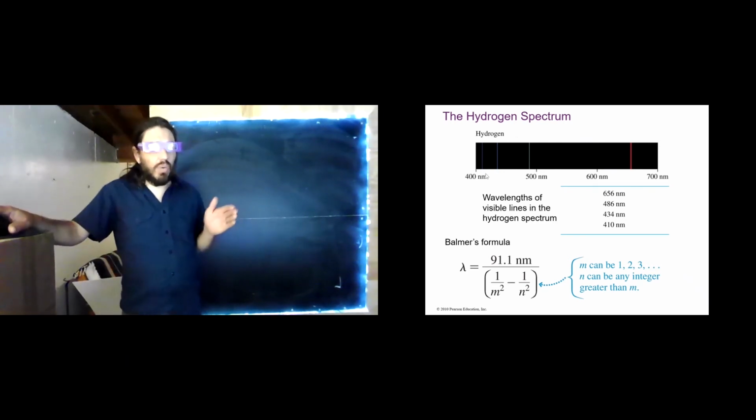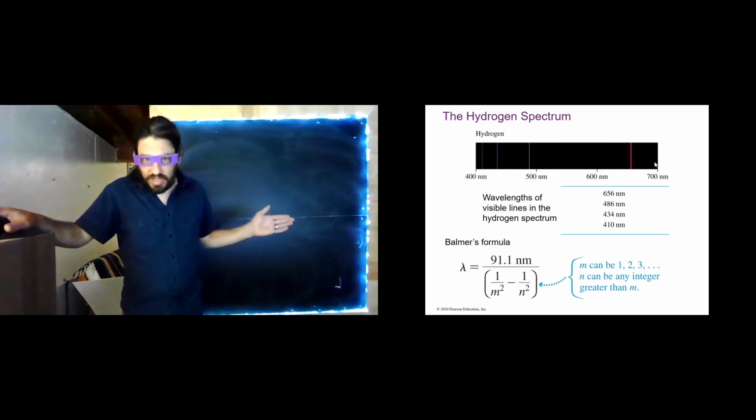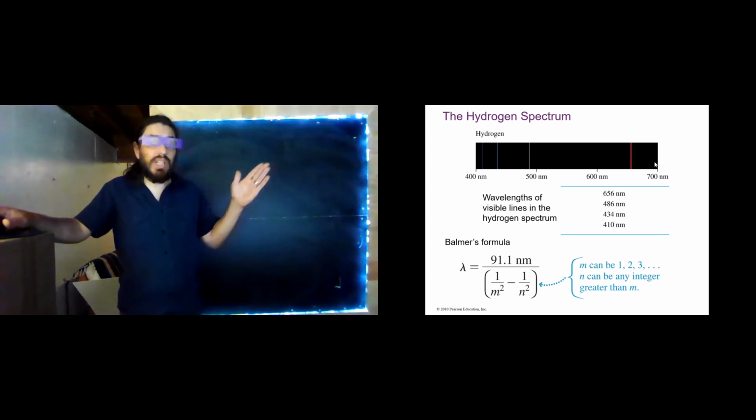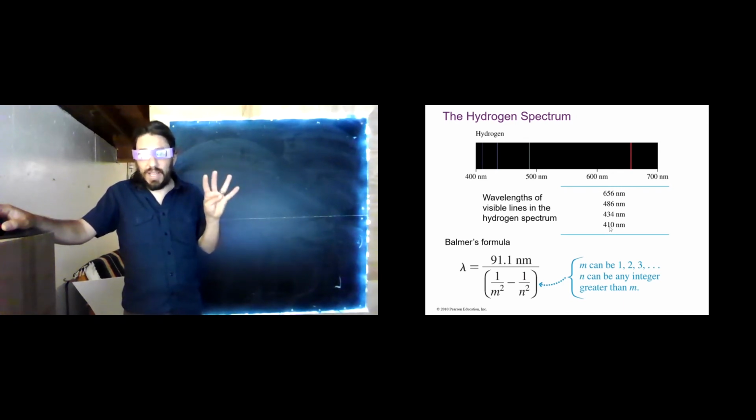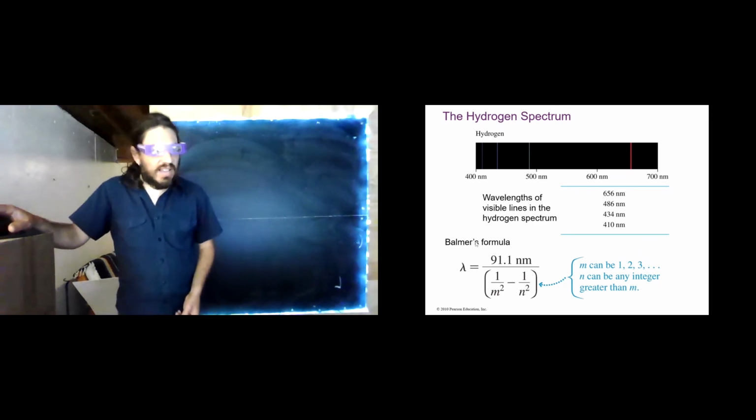He was looking at this puzzling hydrogen spectrum, which was well known at the time but a completely unsolved puzzle. And he noticed that this formula right here would produce the wavelengths of the visible spectrum of hydrogen. There are 4 visible lines in the spectrum of hydrogen: 410 nanometers, 434 nanometers, 486 nanometers, and 656 nanometers.